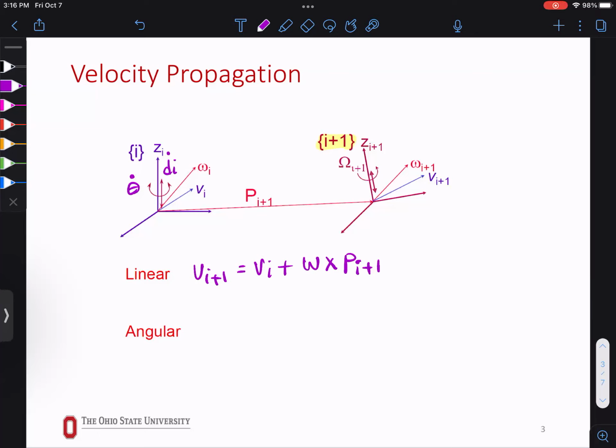So what else? Now these two are because of the previous joint, right? At joint i plus 1 and its own frame, what linear velocity component could there be in case of prismatic, in case of a rotating joint?